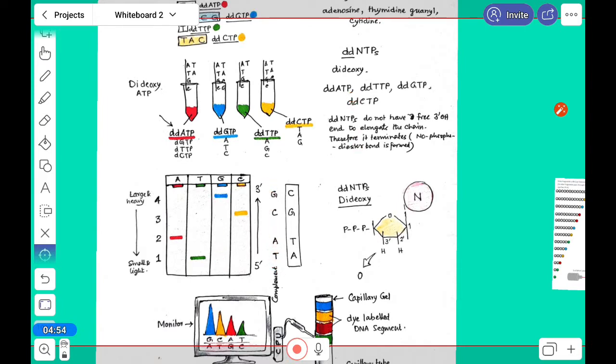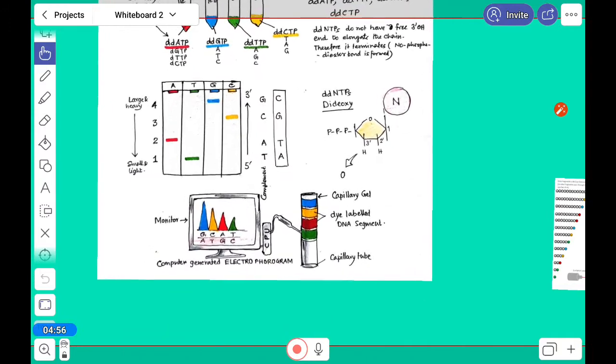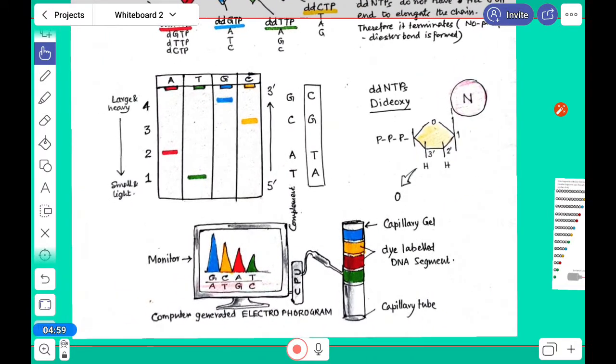But nowadays it is not done in a manual process. It is automated, an automated electrophoregram. Everything is kept in the capillary gel, and according to size it is arranged, and this is detected by the computer.